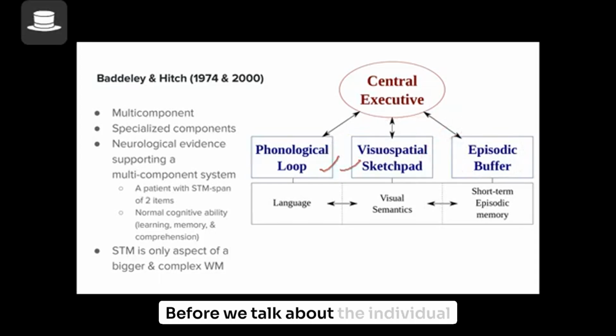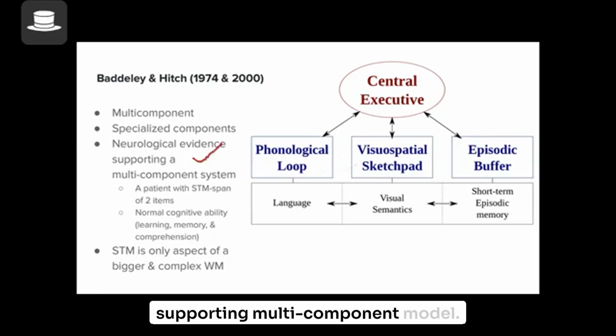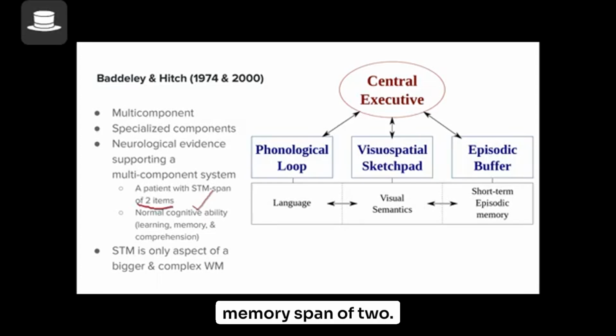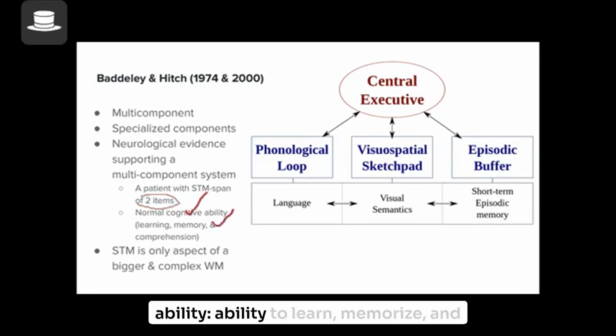Before we talk about the individual components, there was neurological evidence supporting a multi-component model. One evidence came from a particular patient who had a short-term memory span of 2. In other words, he can only hold two items, yet the individual had normal cognitive ability to learn, memorize, and comprehend information.